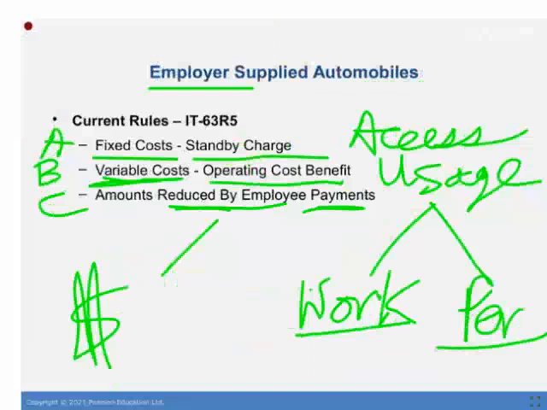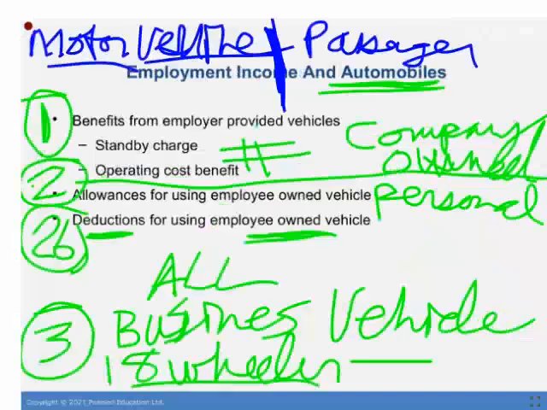So in that case, they may be reporting self-employed income and claiming deductions. They're probably not being provided the vehicle, so therefore there'd be no benefit. It's them using a personal vehicle for the work, so we'd be calculating the deduction.